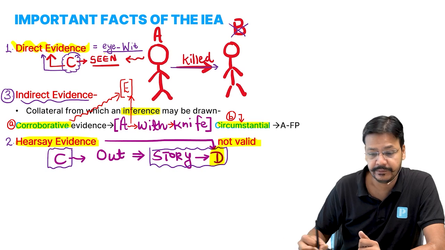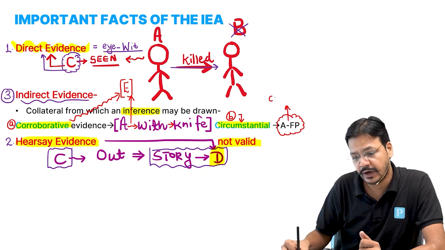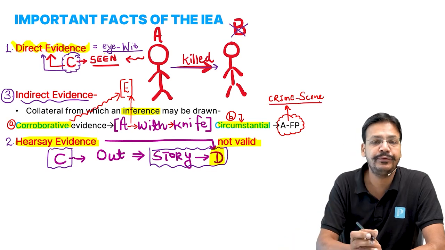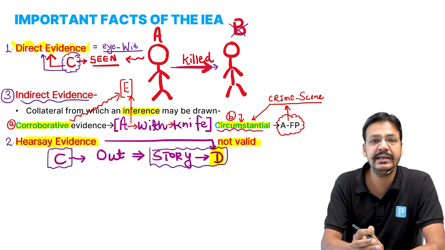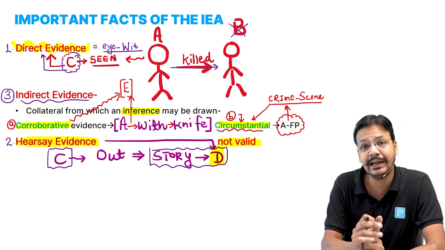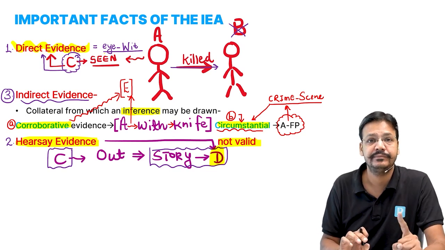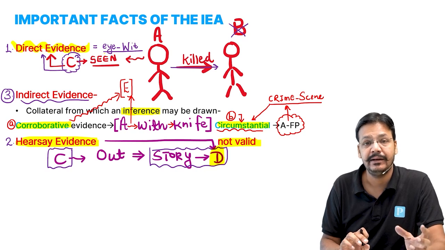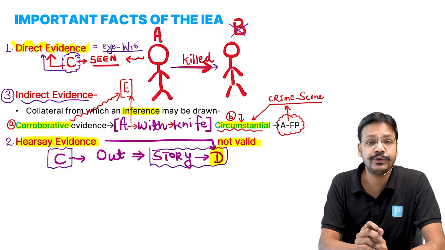If A's fingerprint was found at the crime scene, this is circumstantial evidence, another indirect evidence. So I have told you the many types of evidence: direct, a common witness or eyewitness; hearsay, not valid in court; indirect, where one example is corroborative and another is circumstantial evidence.